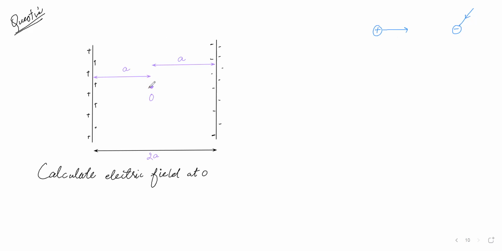Now, suppose that the linear charge density of this is lambda 1 and for this it is lambda 2. Can anyone tell me what will be the direction of the field line at point O due to the positive line charge?